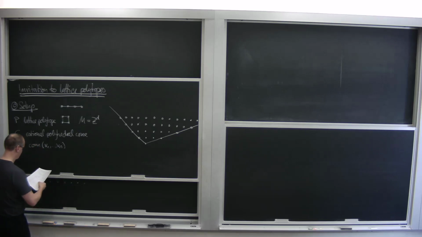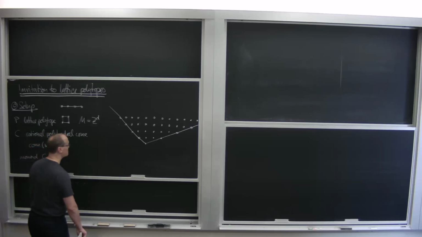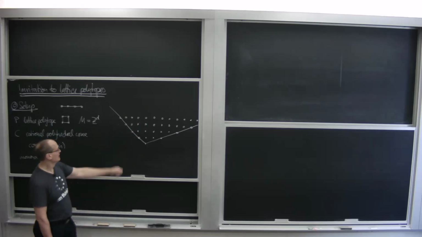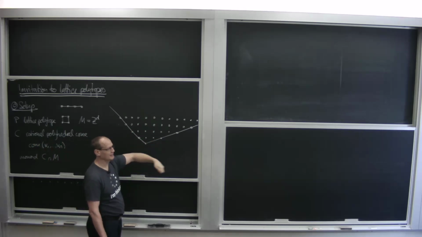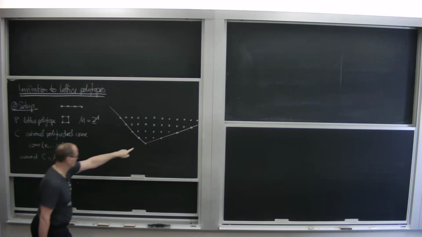So what do I gain from this? From this cone, I get a monoid, the cone intersect M. Like here, this is a beautiful rational cone. If I take 2 lattice points in here and add them, I can still get a lattice point and still stay in the cone. Then my monoid has a unit.